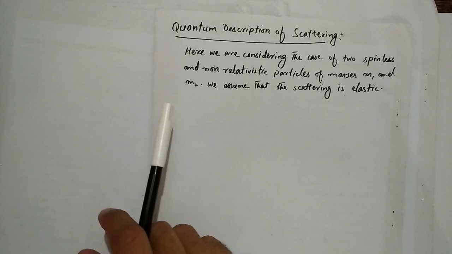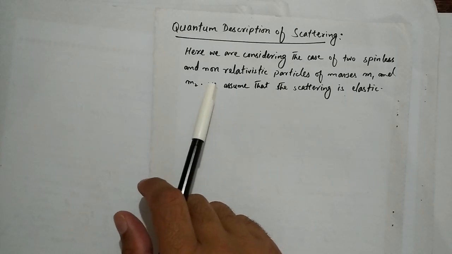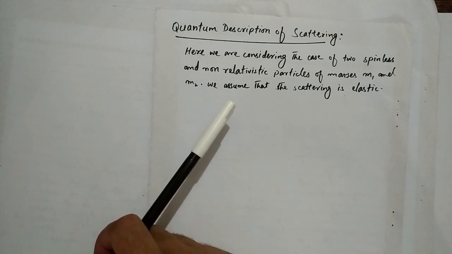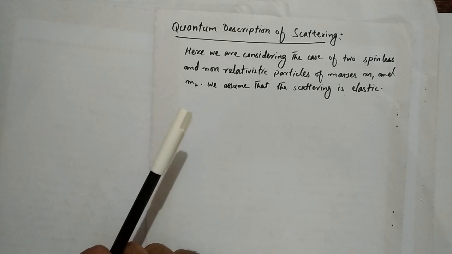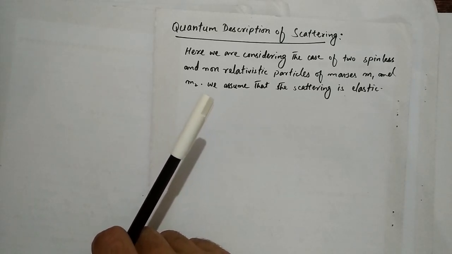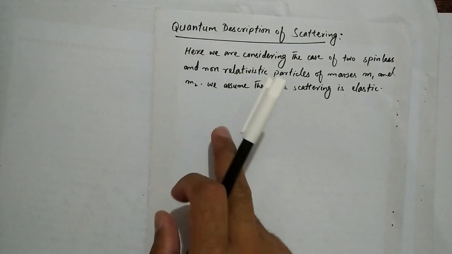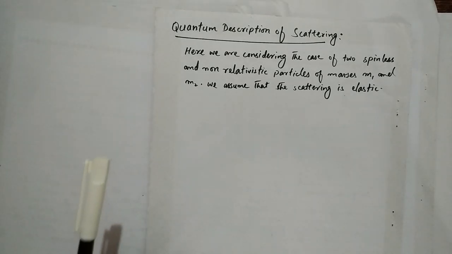If the particles are moving with very high speed, comparable to the speed of light, then quantum mechanics doesn't deal with that. For that case, relativistic quantum mechanics is used, and the equation used for those particles is the Dirac equation.